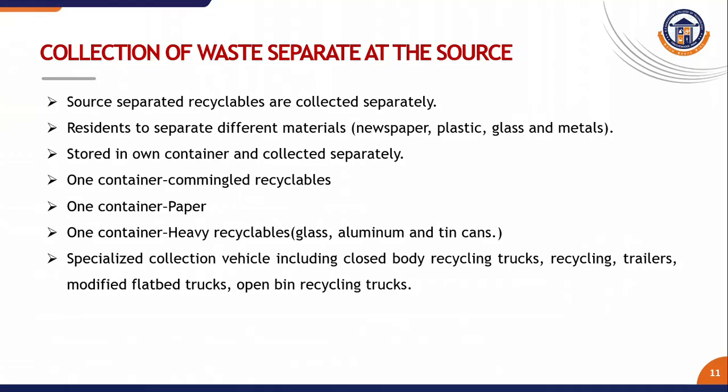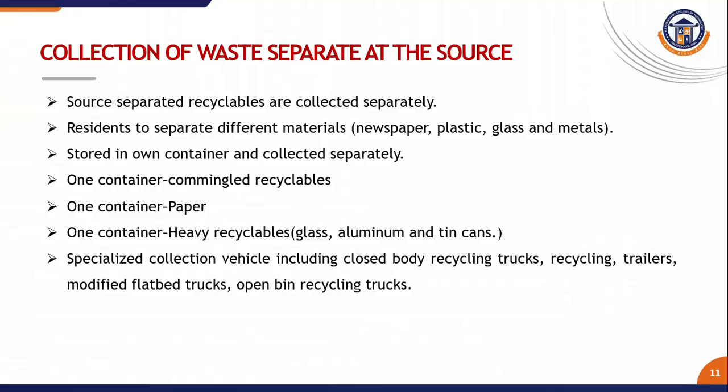Source separated recyclables are collected separately. Residents separate different materials, newspaper, plastic, glass and metals, stored in one container and collected separately. One container for commingled recyclables, one for paper, one for heavy recyclables such as glass, aluminium and tin cans.